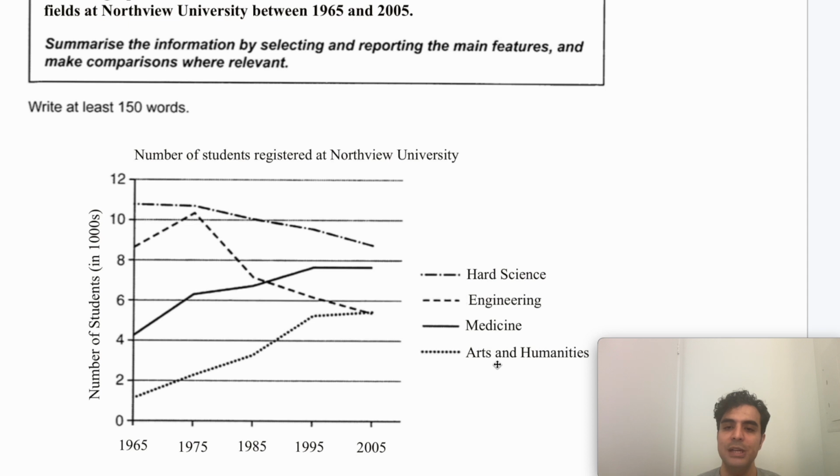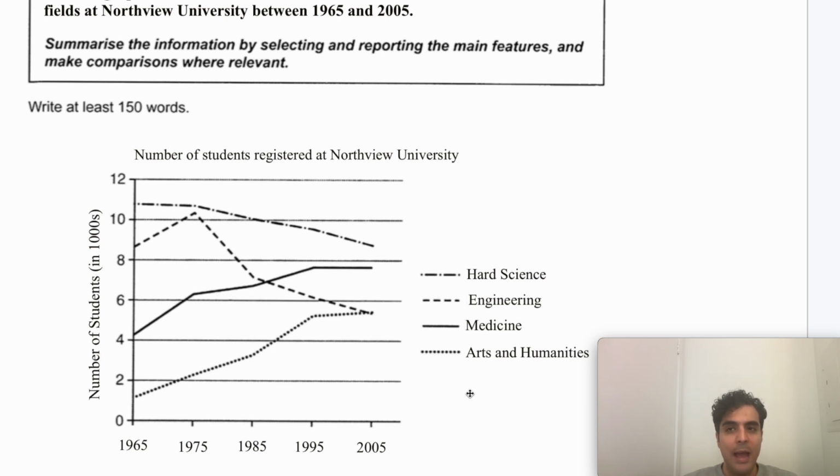The next question is, okay, so let's say you're writing one paragraph for hard science and engineering and one paragraph for medicine and humanities. You can only afford to include 2 or 3 sentences for each of those paragraphs. In other words, I should be able to summarize everything you see here regarding hard science and engineering in 2 to 3 sentences.